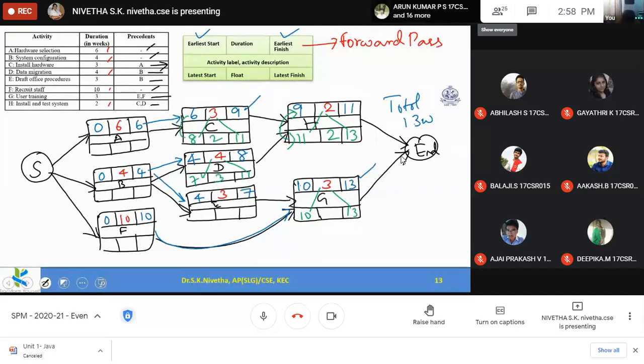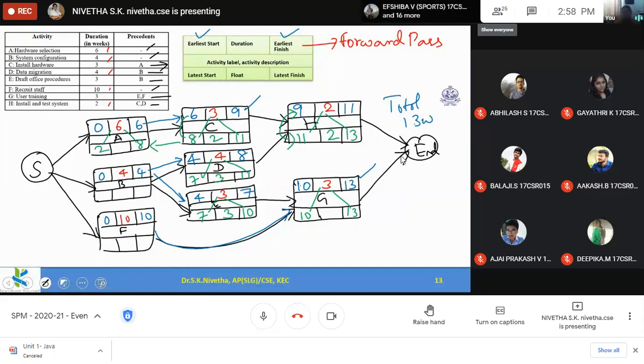Okay. And here it should be started at 10, so I can end it at 10. 10 minus 3 becomes 7. So 7 minus 4, the float value is 3 here. And here, if this can be started at 8, it can be ended at 8. 8 minus 6 is 2.